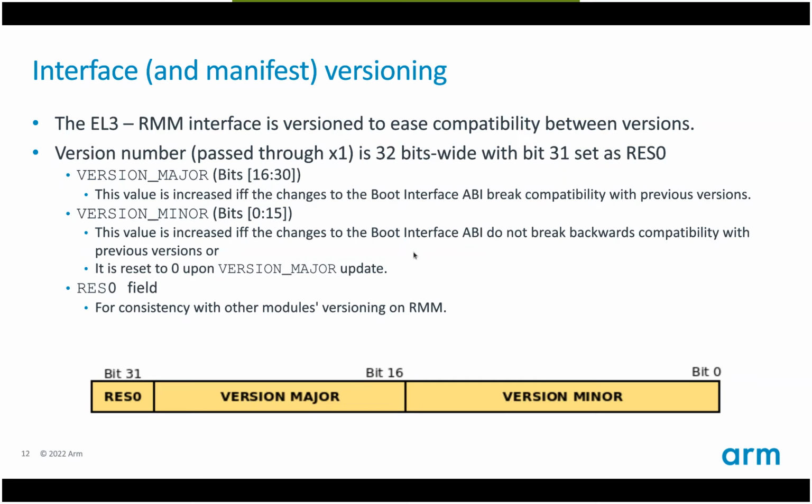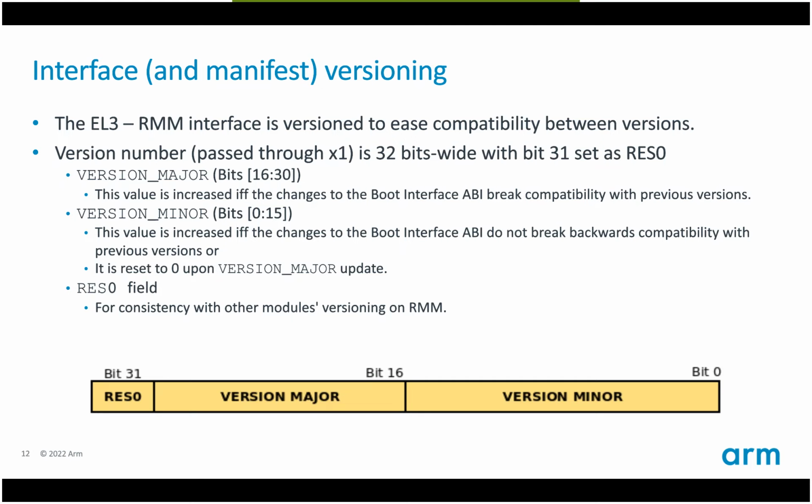So do you envision having some OEM versioning fields as well for the RMM? Subversioning fields, rather. No, we haven't thought of that. Something that we have, and I will explain this later, is that the boot manifest caters for some platform manifest data. So an OEM could add their own data structure there and then version that data structure if they want.